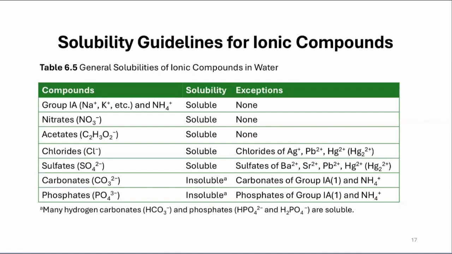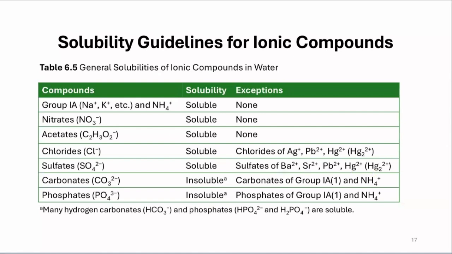So the pairing of any chlorides with these will make them insoluble. Next, we have the sulfates. Sulfates are soluble in water, except if they're paired with barium, strontium, lead 2, mercury 2, or mercury 1.